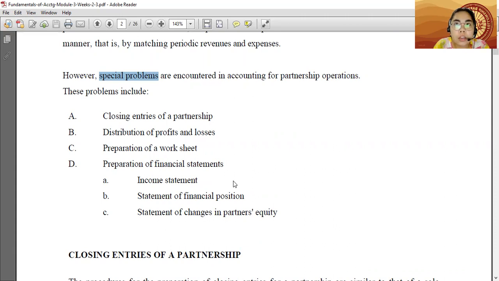Just a hint for the preparation of financial statements for the partnership: we only have a change in the capital account. In the sole proprietorship, we have only one capital account, but in the partnership accounting, we have two or more capital accounts presented in our financial statements, especially on the statement of financial position and the statement of changes in partners' equity.